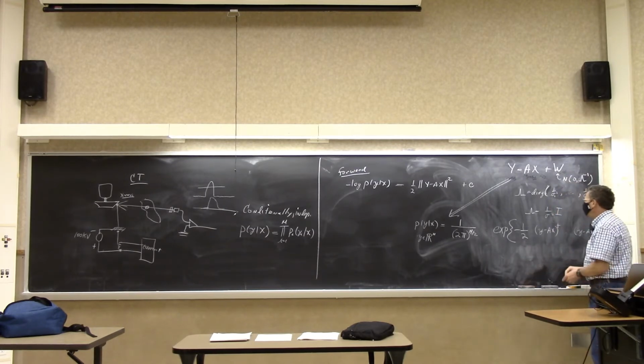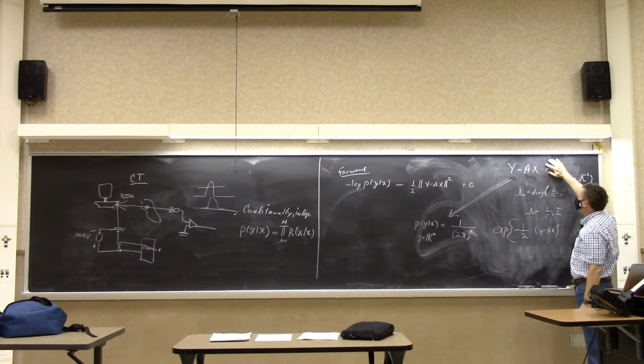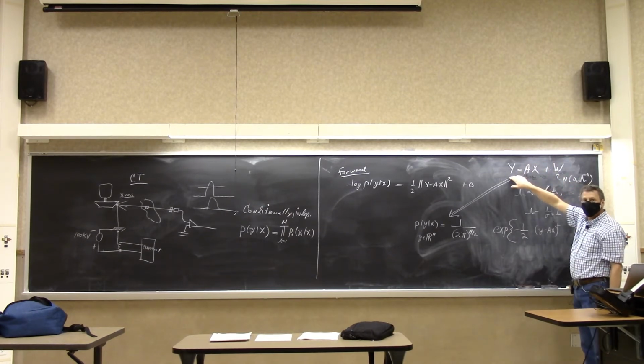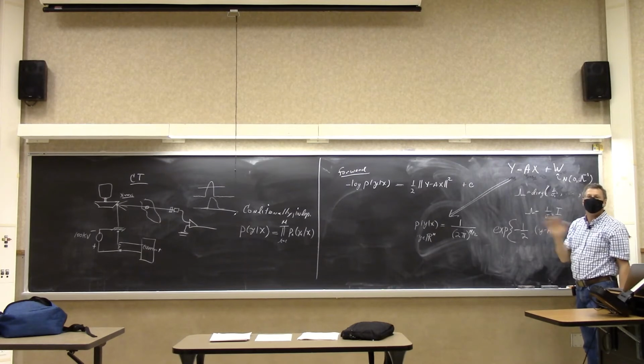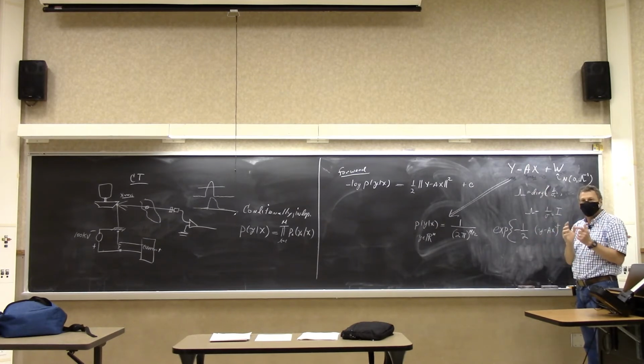The conditional variance of y given x is the covariance of w, because w is independent, right? If I didn't have a w here, the conditional variance of y given x, y would be certain. There would be no uncertainty in y. I'd know exactly what y is. Y would be AX. I'd be done.